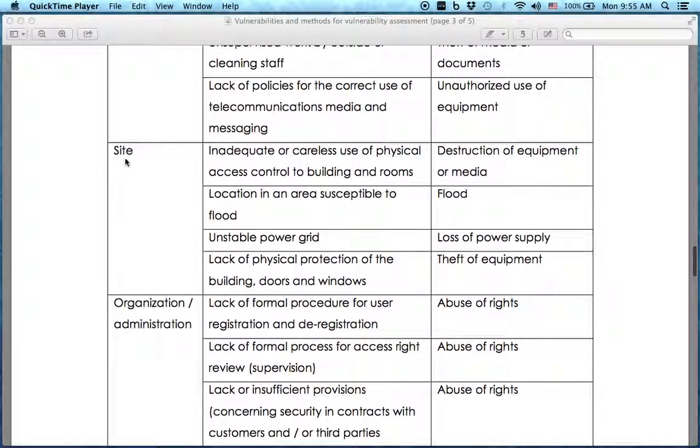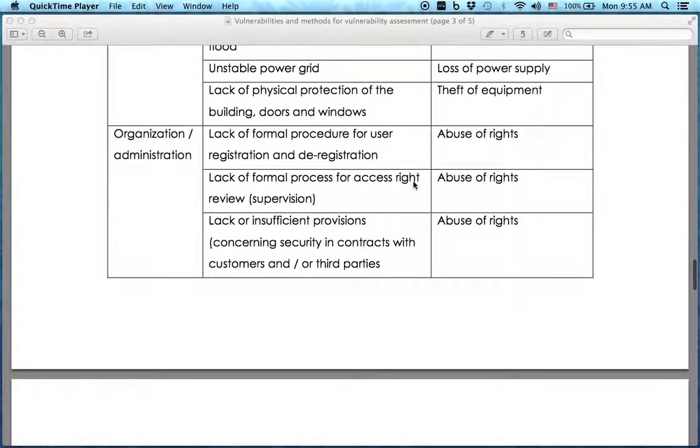And for the site, for example, a location in an area susceptible to flood, so the threat is flood. Inadequate or careless use of physical access control to buildings and rooms, so the threat is destruction of equipment or media. The next is administration or organization.